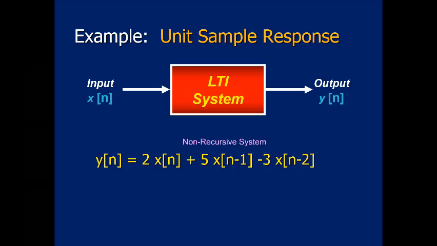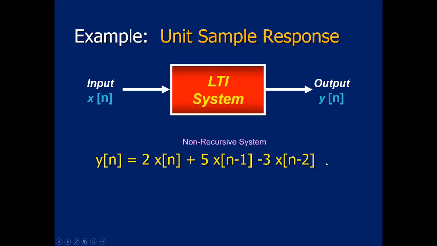Okay. If we start off with a non-recursive system and see what the unit sample response is, that we've gotten by recursion before. And this was an example we tried a week or so ago. The output y of n was 2x sub n plus 5x sub n minus 1 minus 3x sub n minus 2.